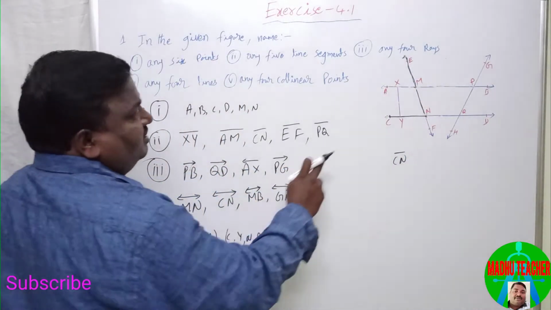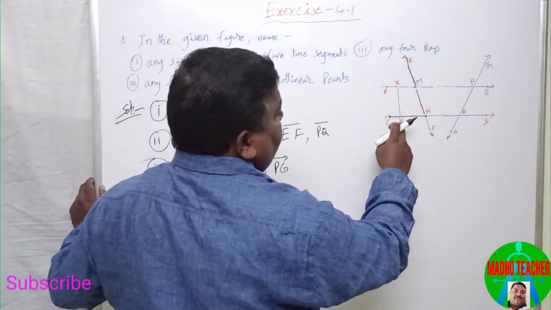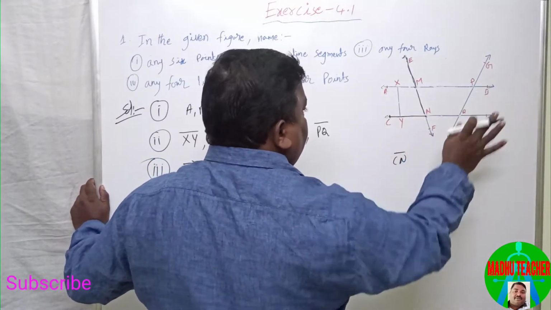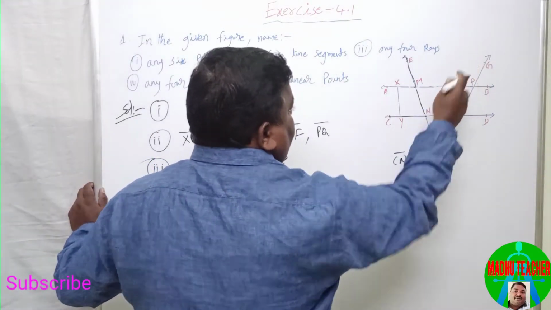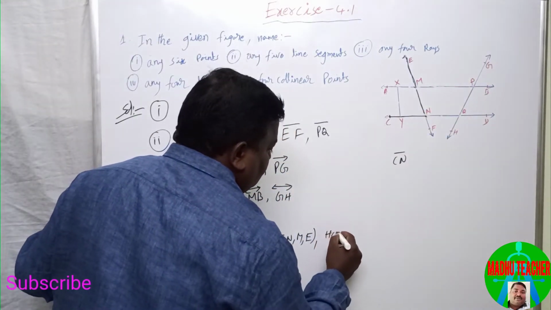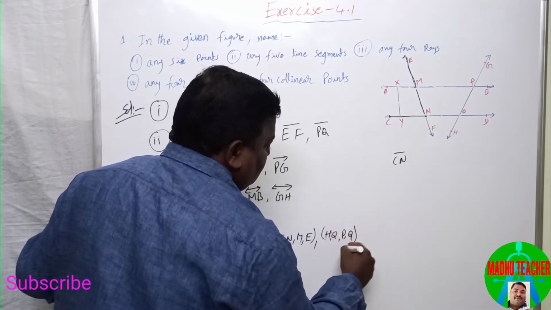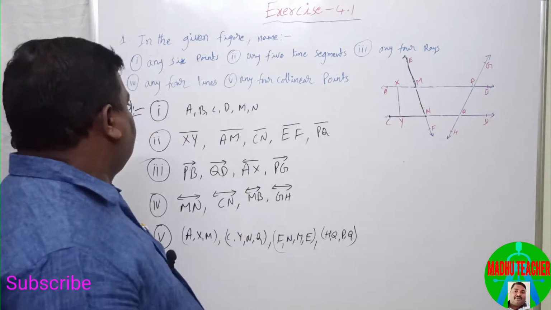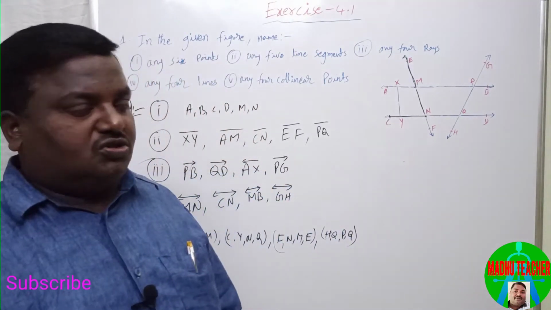This is AXM, CYNQ, can write D also. Next HQPG. These are collinear points. Let us see once a small doubt.